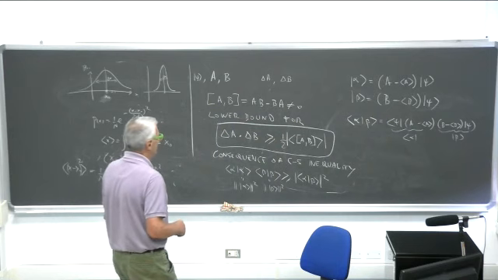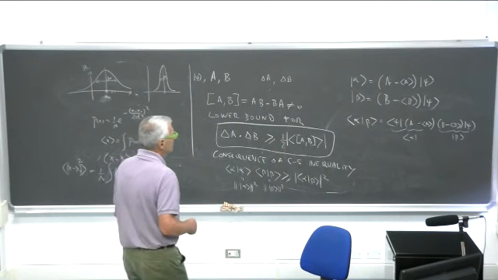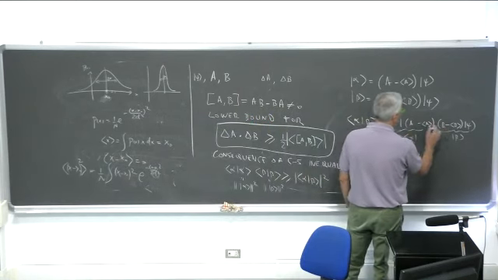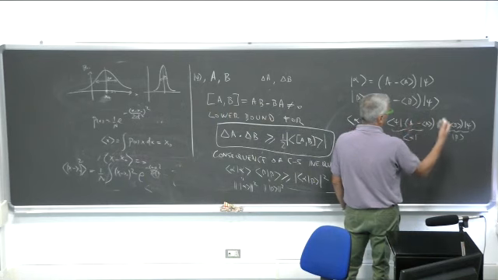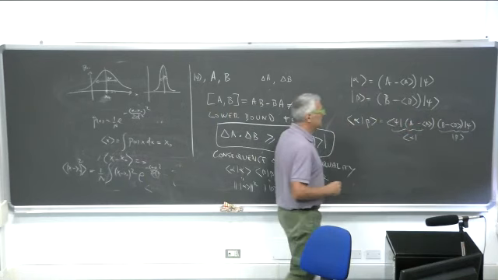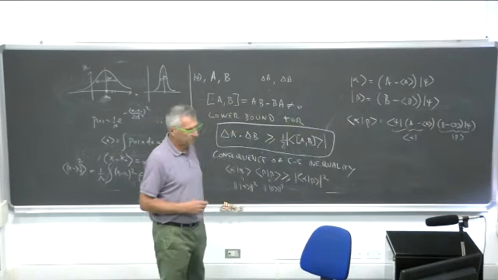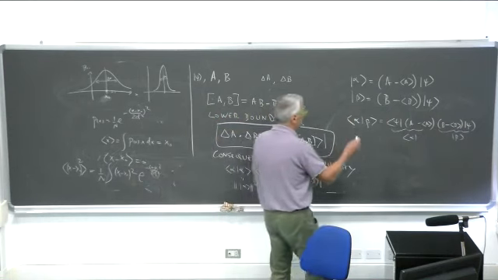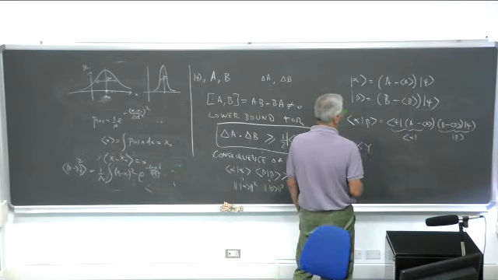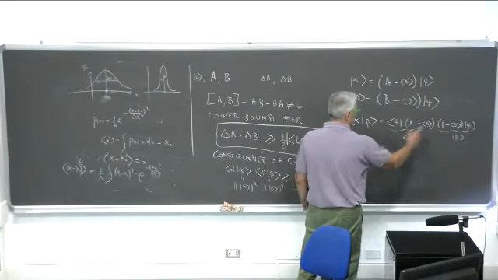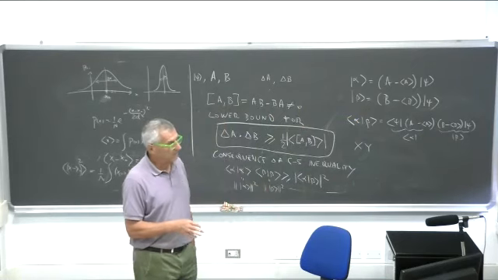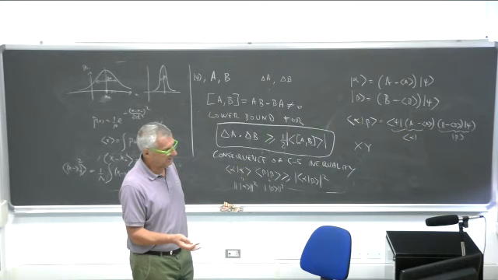So, okay. Now the trick is that, you see, here we have a product of two operators, right? This is an operator, this is another operator. If you have the product of two operators, let me call them x and y, you can always write it as half the commutator of x and y plus half the anti-commutator of x and y.